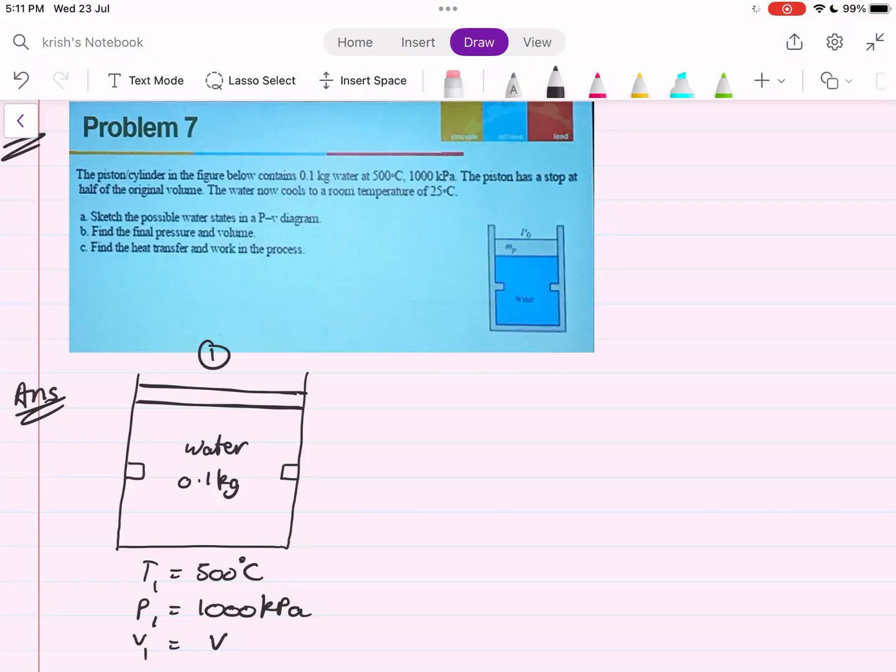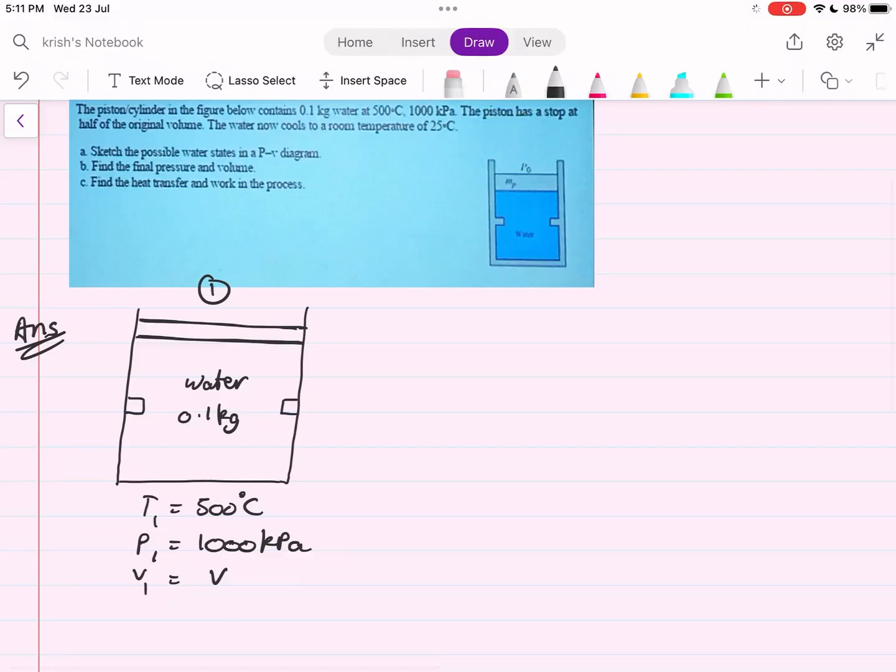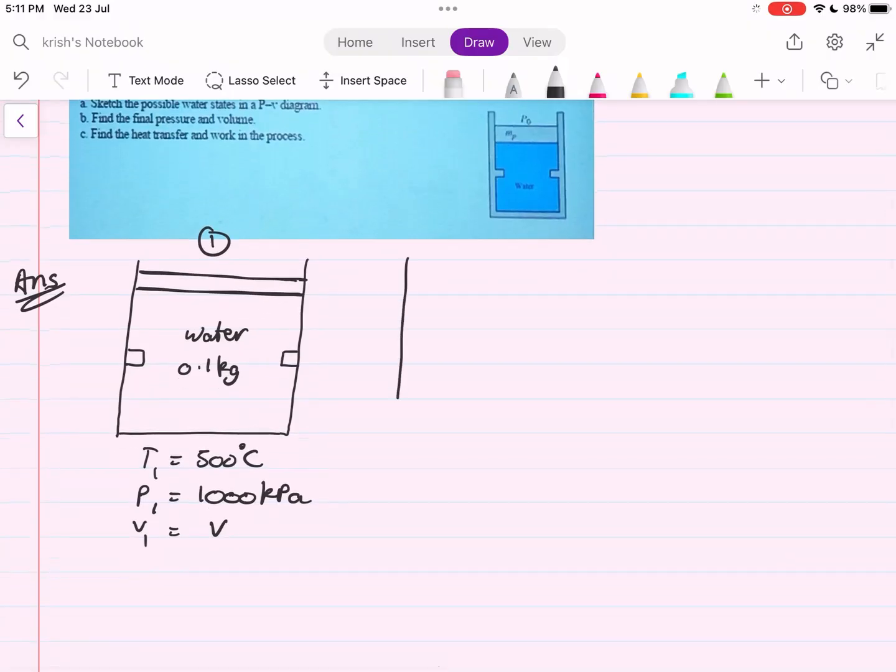After that, the water cools to a room temperature of 25 degrees Celsius. So here it is given in the question that the piston has to stop at half the original volume and then the water will cool down.